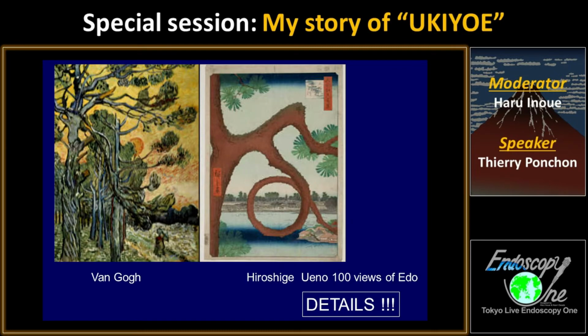Van Gogh also was influenced. This is from Hiroshige, Ueno, one of the views of Edo, and you see exactly the same drawing, exactly the same details of the leaves. Fantastic, not an imitation, but fantastic influence.